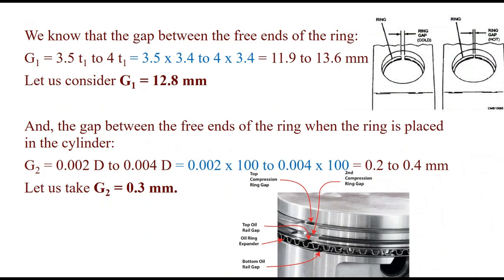And the last design consideration: what should be the gap at the ends of the compression ring? Here, this distance. Based on this numerical, you can understand very easily. You know thermal expansion and contraction.